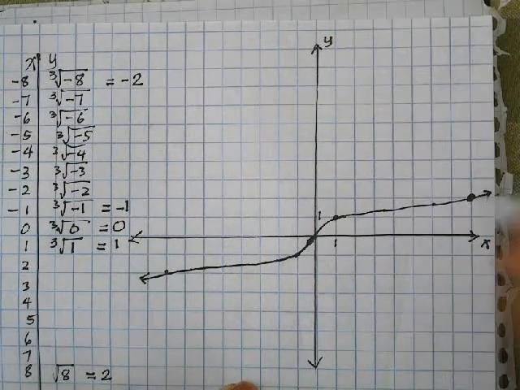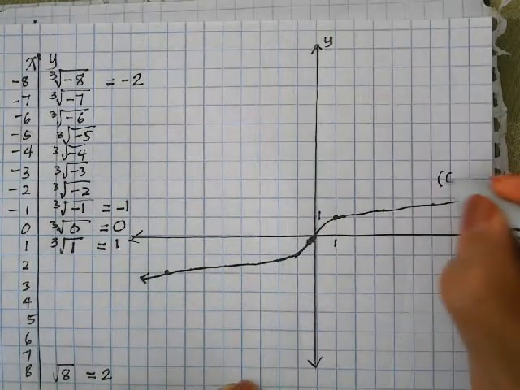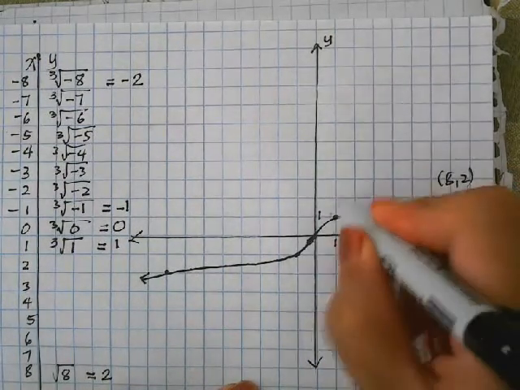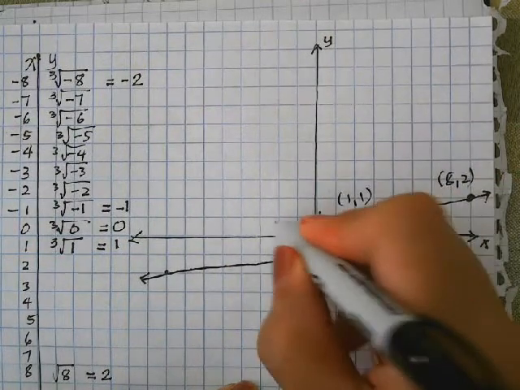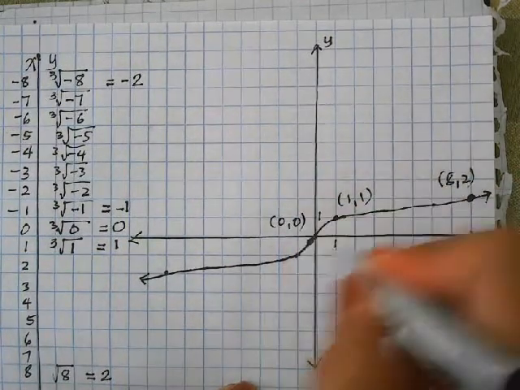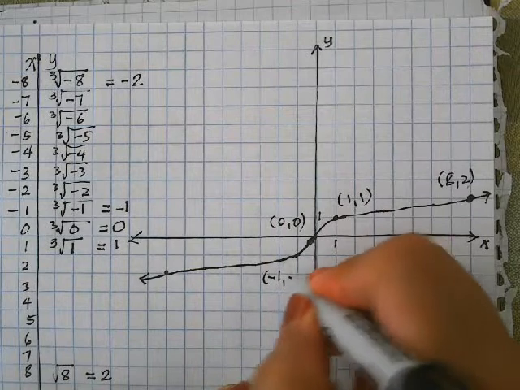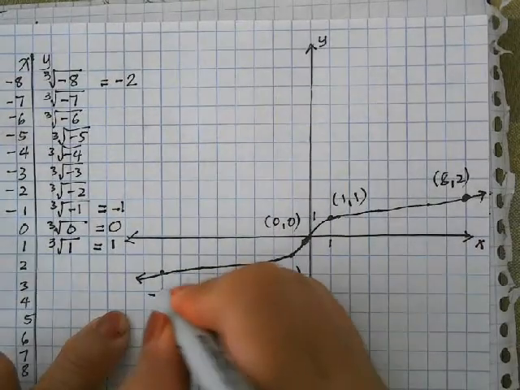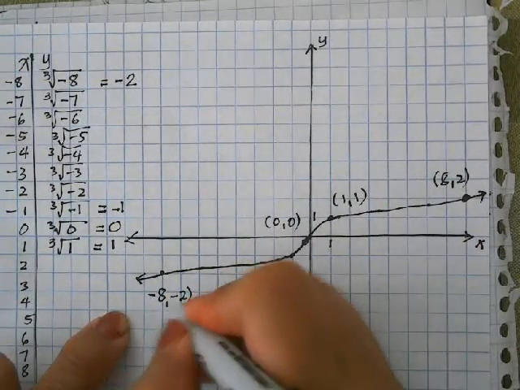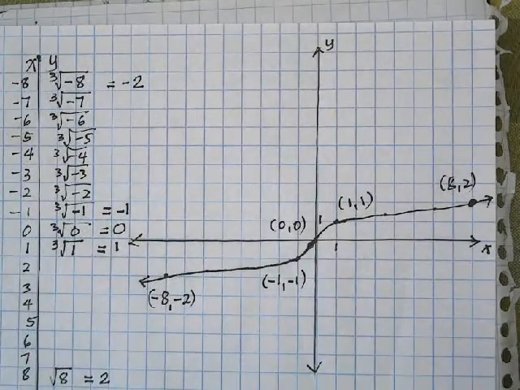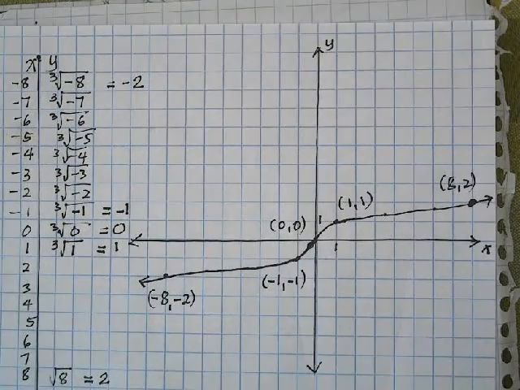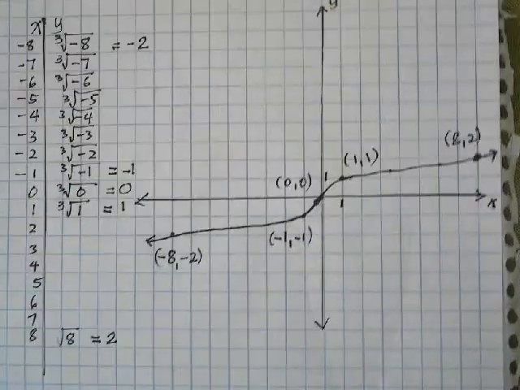So that's 8, 2, 1, 1, 0, 0, -1, -1, and -8, -2. Those are your points.